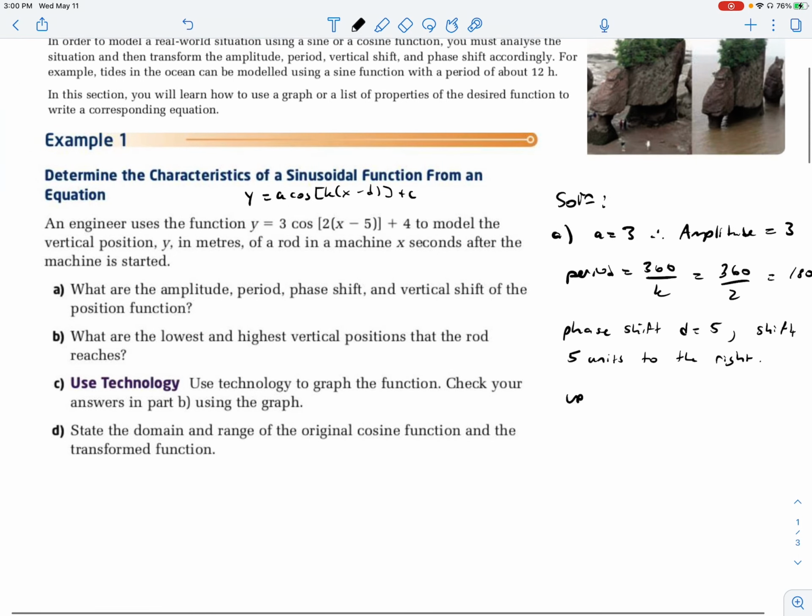And lastly, the vertical shift. That is our value for c at the end. c is 4. So shift up 4 units. It also means my middle line is going to be at 4, right, when I go to do the graph.